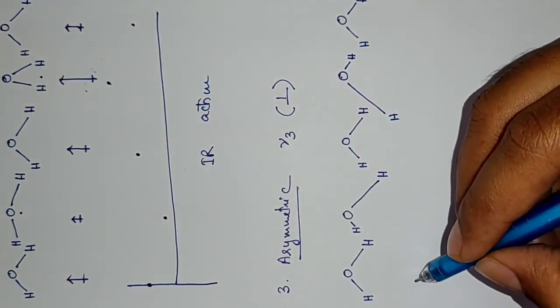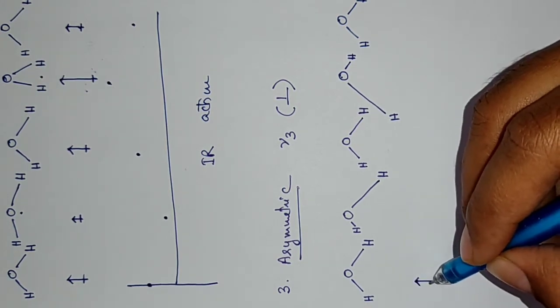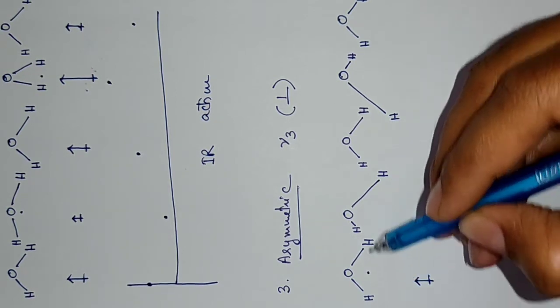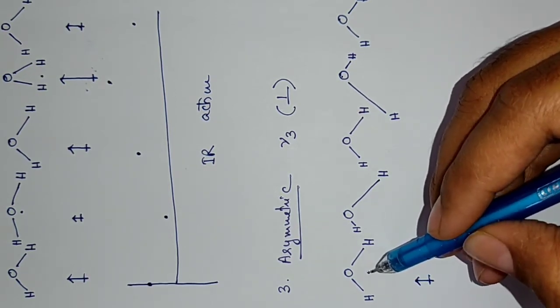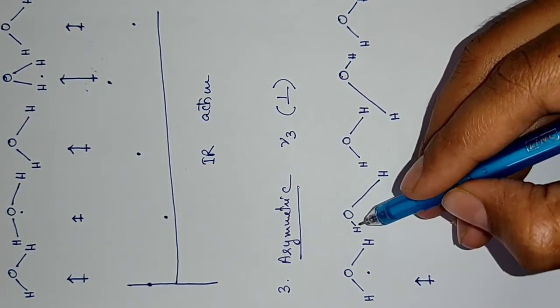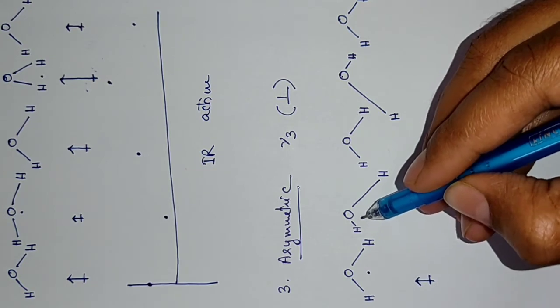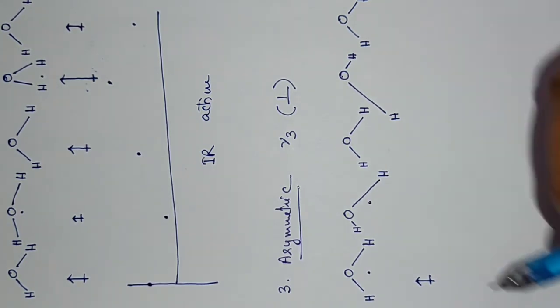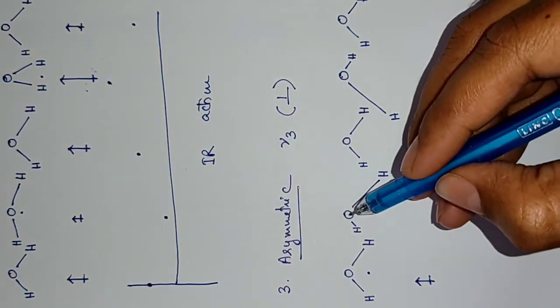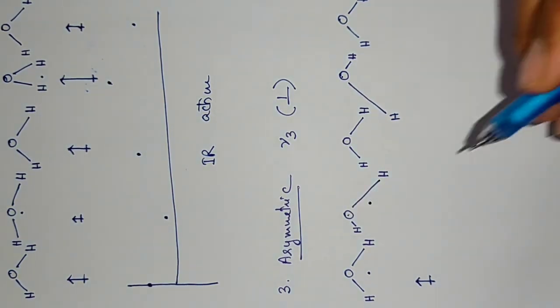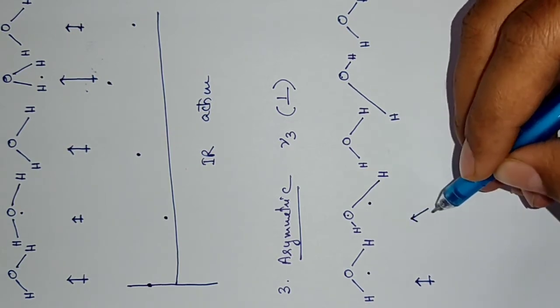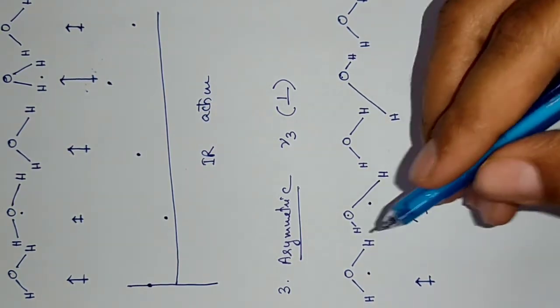Here it will be as before. Now the center of the positive charge lies here. In this case, it will come to this position. Now the center of the negative charge is here, so the dipole moment will act in this direction.